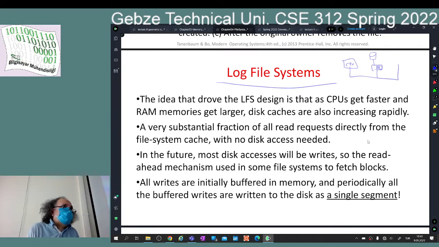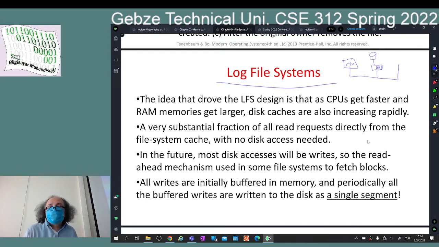I am going to write all the dirty blocks to the disk at the same time to the same disk position, the same disk segment, without doing any seeks or rotational delays. That's going to make your file system a lot more complicated, but the advantage is your writes will be very fast. And you are going to write to the disk periodically when the system is idle.